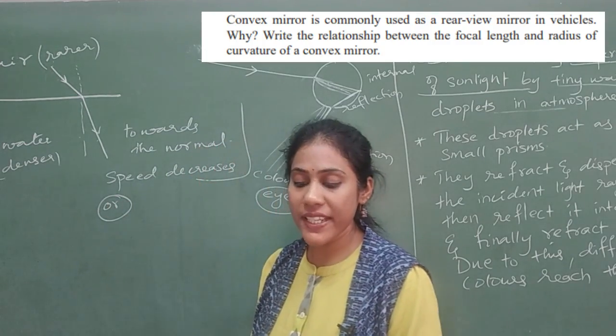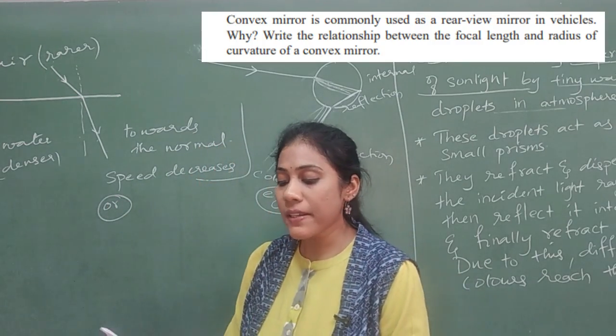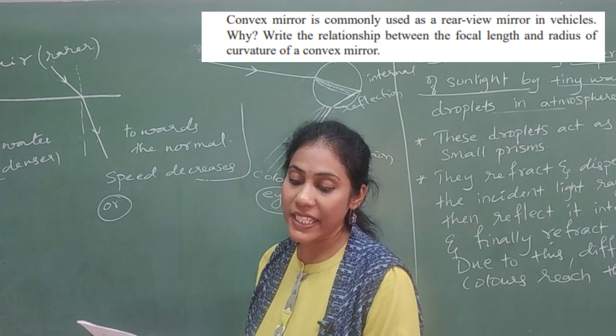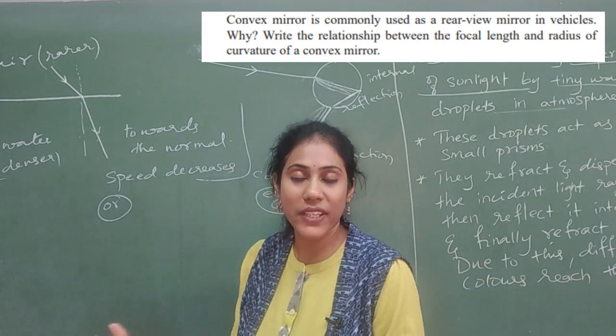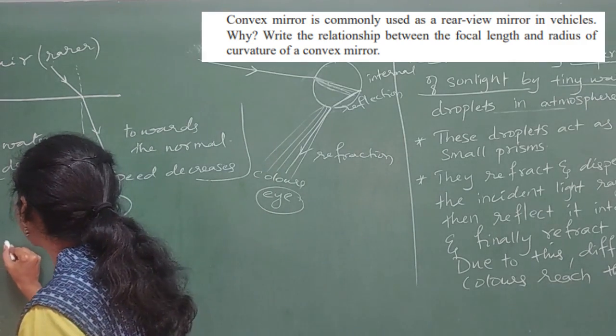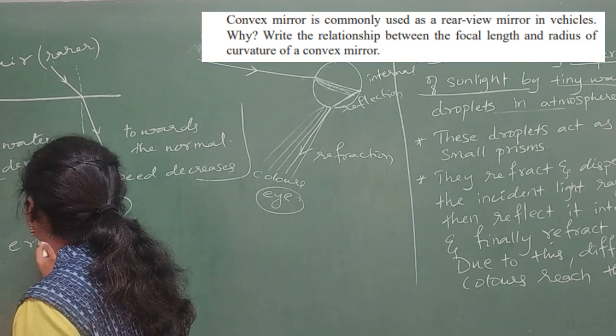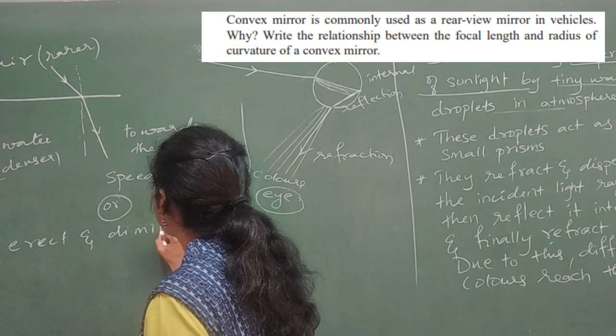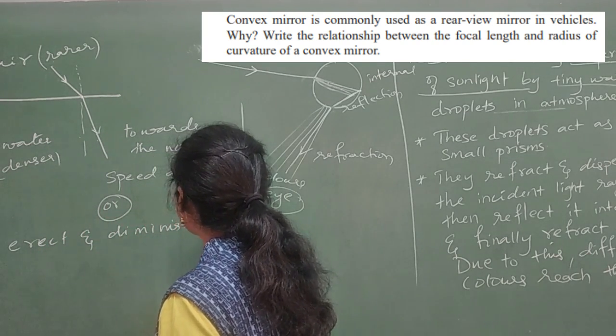This is also very simple. A convex mirror is commonly used as a rear view mirror in vehicles, and why? It's very simple, because they form an erect and diminished image.